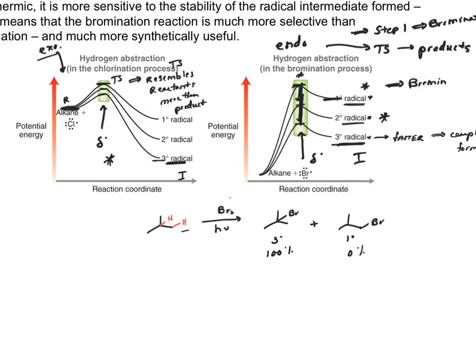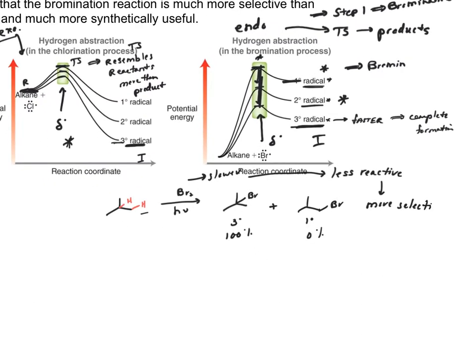So bromination is slower because it does have an endothermic first step, but because it's slower and less reactive, it actually gives us more selectivity in our product distribution. So bromination will essentially 100% of the time select for the more stable radical or the more substituted alkyl halide, whereas chlorination will not, okay?